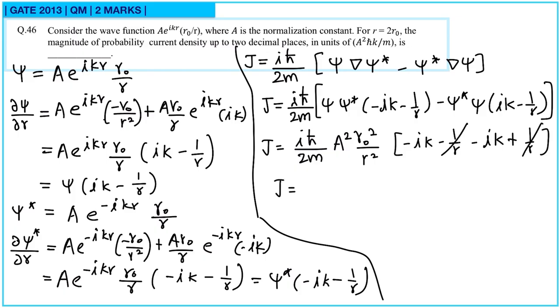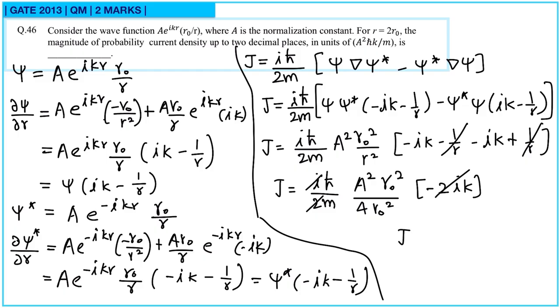J is equal to i h cut by twice m into A square r naught square upon r square. Now r is equal to 2 r naught, so this will be 4 r naught square, into this minus 2 i k. Now i into i is i square, and this minus sign will cancel out and this 2 will cancel out.